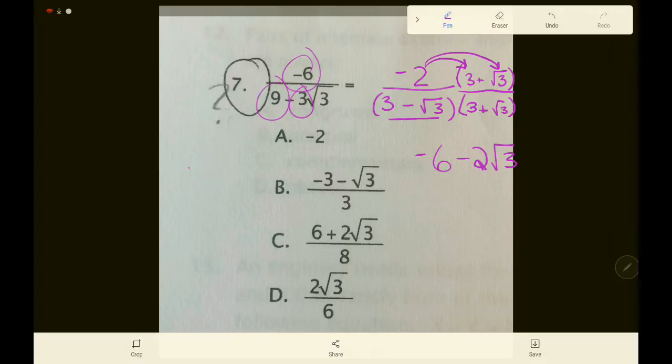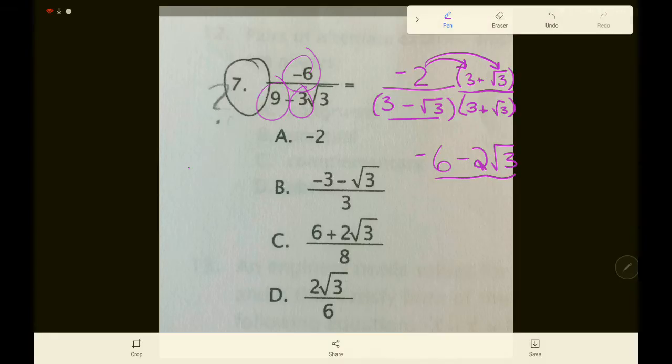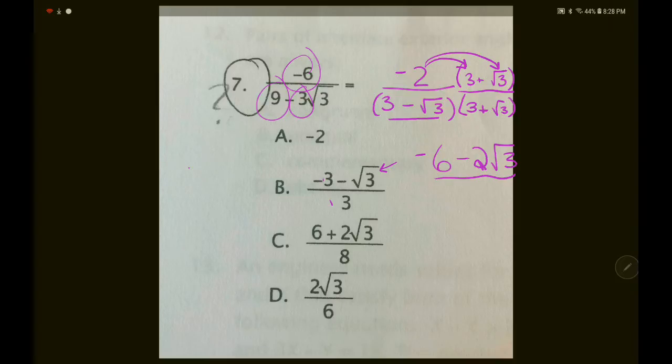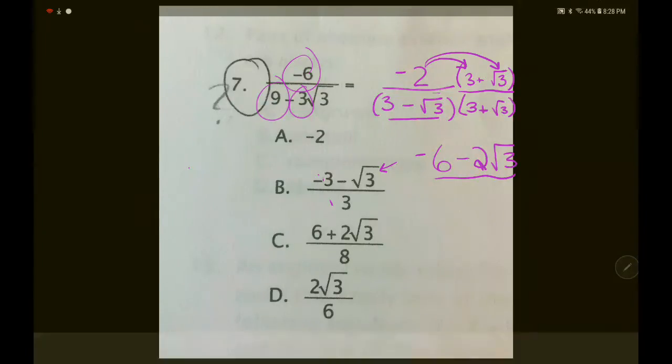And so we see, now we're going to be able to simplify that in some way because it looks like it's going to end up to this one. But we'll see, because this has a negative sign and a negative sign. But we have to work on the denominator. We have 3 minus square root of 3 times 3 plus square root of 3.